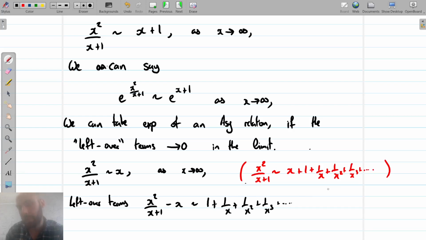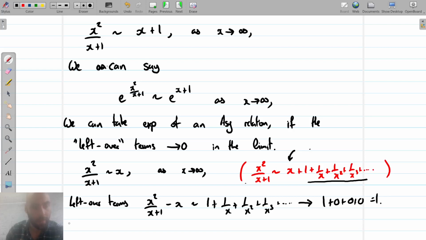So these are all the bits we ignored, right? We ignored this bit and we just took this bit. And in the limit, as x tends to infinity, this tends to 1 plus 0 plus 0 plus 0, which is 1. Now our rule says we can take the exponential of an asymptotic relation if the leftover terms tend to 0. But our leftover terms are tending to 1. So that's the problem.